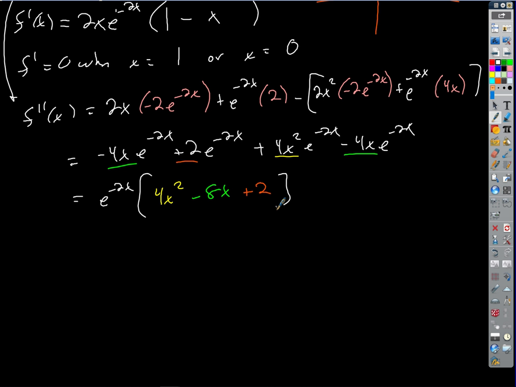Okay, so there's the second derivative. I could take a 2 out of that too, couldn't I? And then I'm just left with 2x squared minus 4x plus 1. Second factor. 4.2, no it's not.